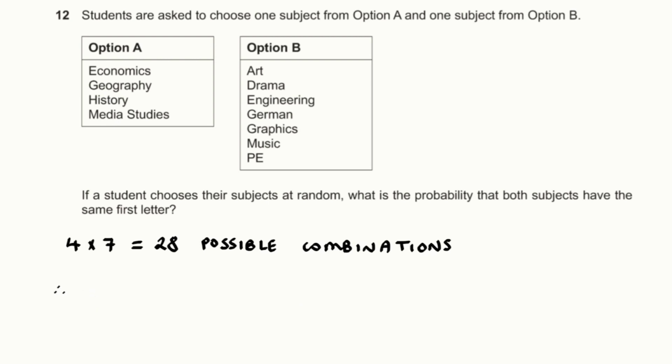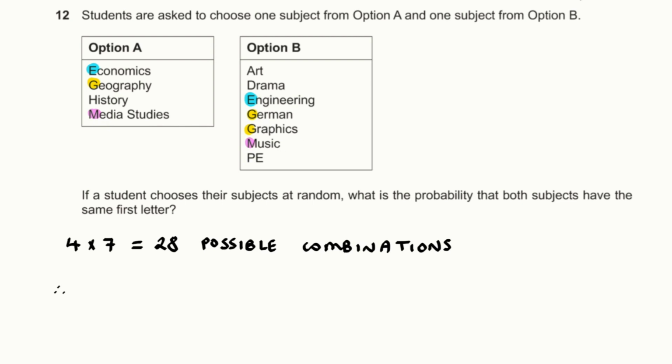Well, how many options are there with the same first letter? I could have E, so that's 1. I could have also geography with geography. History can't be matched up with anything, but geography could also be matched up with graphics, so there's 3 options. And then media studies, that can be matched up with the music.